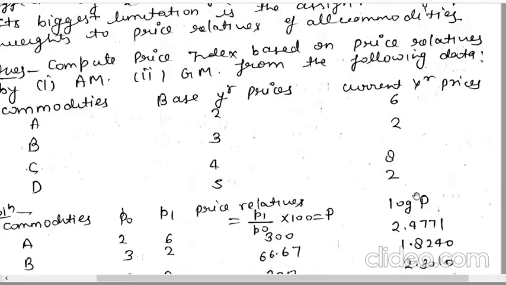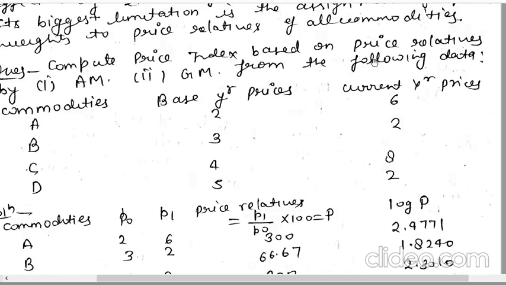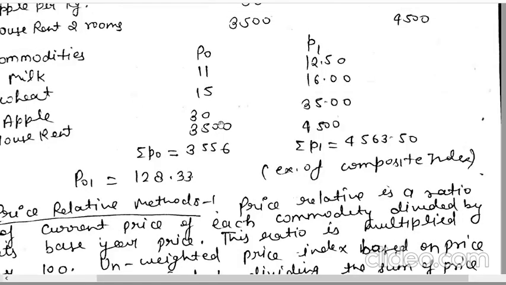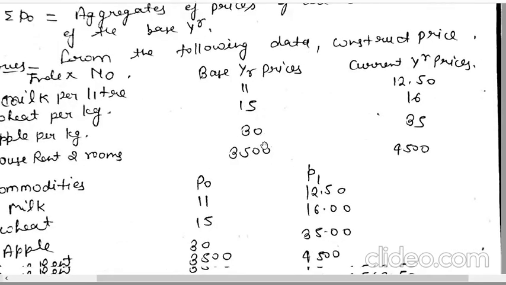So compute price index based on price relatives. The methods asked here are to find by arithmetic mean and by geometric mean. That means you will calculate by these two methods. You need not apply the simple price index method, right?